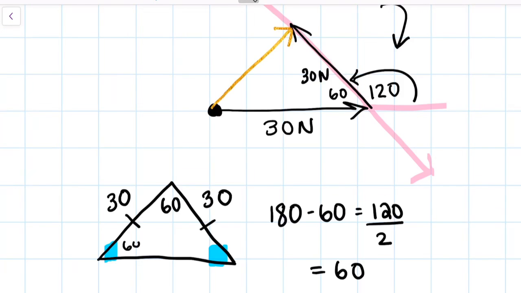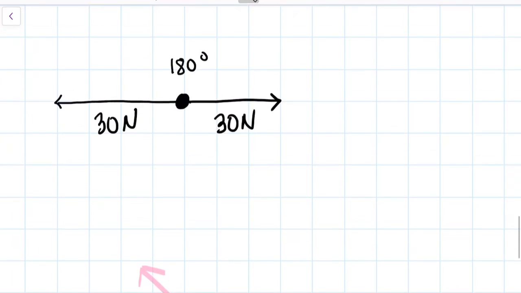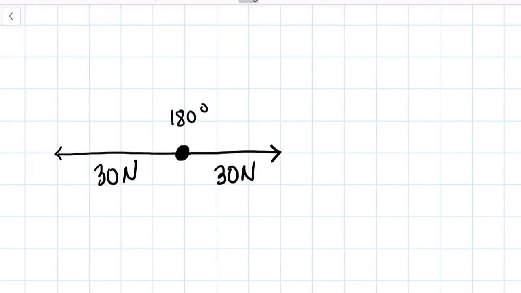So they're also 60. So they're all equal. So then this has to also be 30. So this is the one that forms the 30 Newton value.